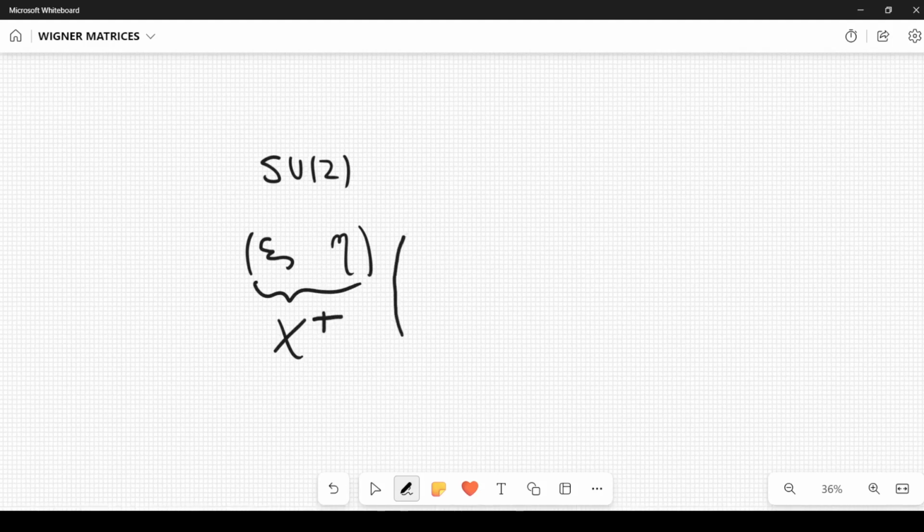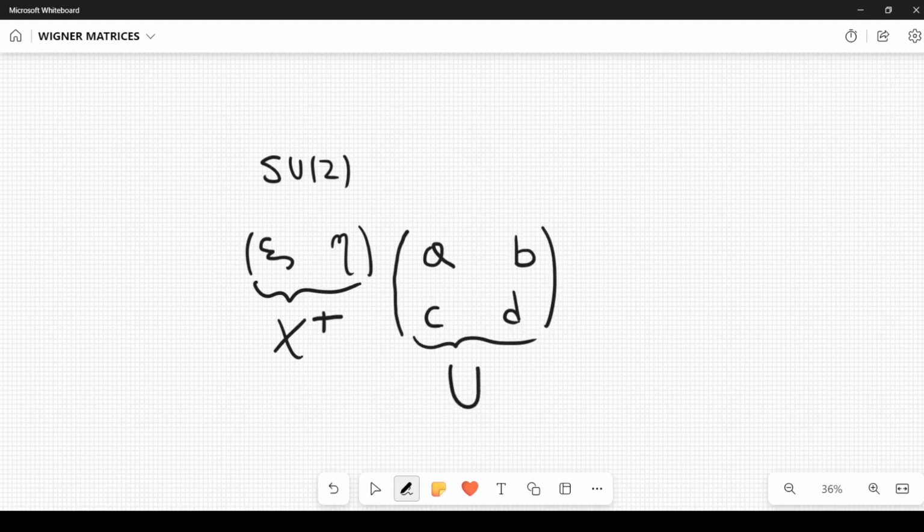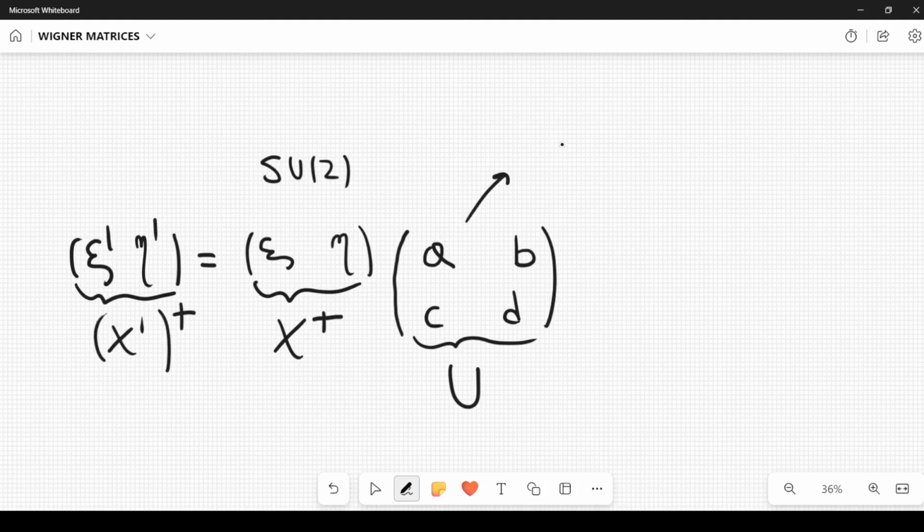If we act on the right with a unitary matrix given by the elements A, B, C, and D, we can call this matrix U. What we obtain is some kind of rotated spinor, and I can call the components of the spinor xi prime and eta prime. We can call the spinor chi prime dagger. If you want, you can also rewrite this same equation like this: chi prime equal to U dagger chi.